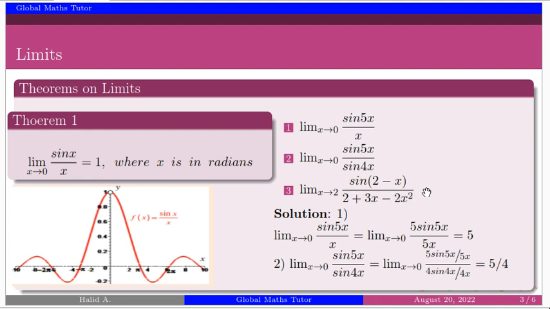If it is 0, it means undefined, so we're going to search for some methods to solve it. So let's substitute: 2 plus 3 times 2 is 6, minus 2 times 2 squared, which is 4 times 2, so 8. 2 plus 6 is 8, 8 minus 8 is 0, so this is undefined. So we must search for a way to cancel out or to make it more familiar.